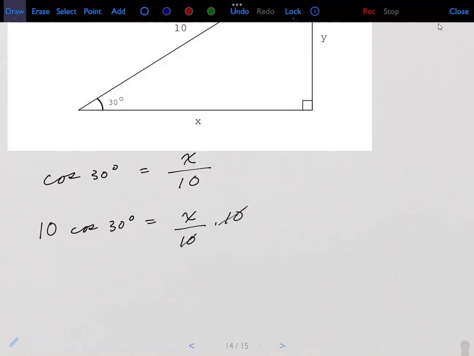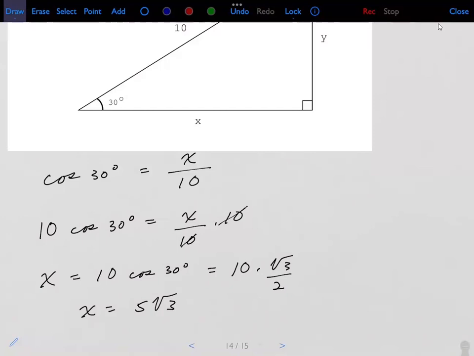This will cancel. So x here is going to be 10 times cosine of 30. And then it depends on how you want to solve this. If you want it exact, remember cosine of 30 is square root of 3 over 2. So you can write this as 10 times square root of 3 over 2, which would be 5 times square root of 3.